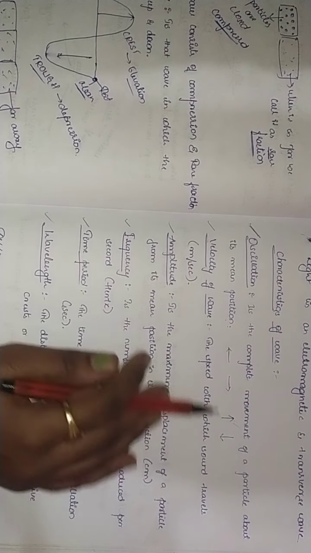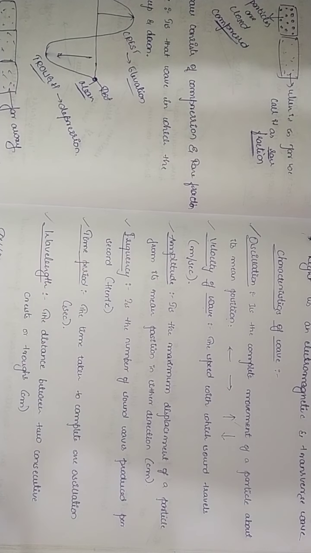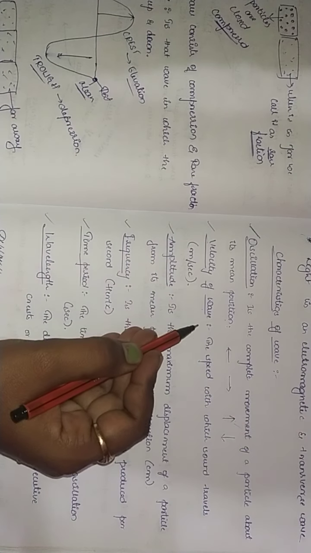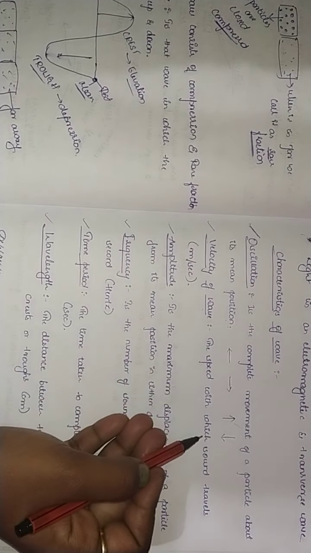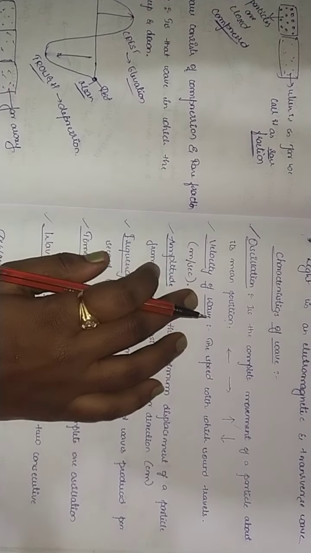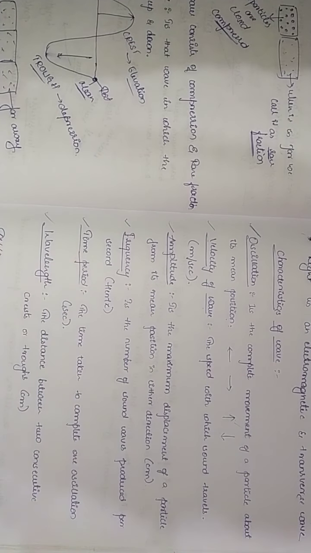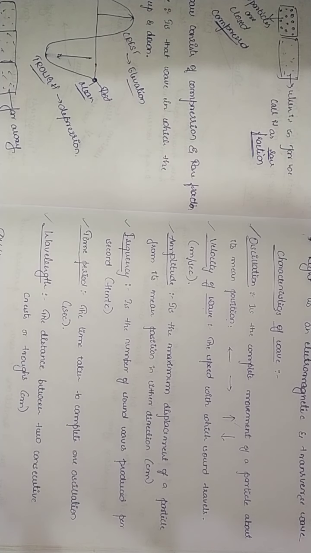Then moving on to the velocity of a wave. What does velocity of a wave mean? Velocity of a wave means the speed with which sound travels. At how much speed does sound travel?